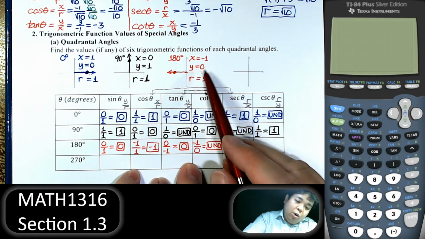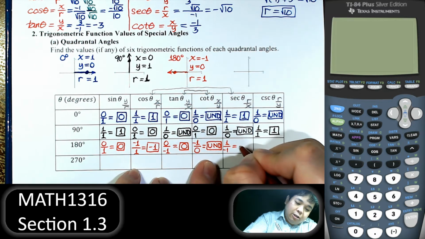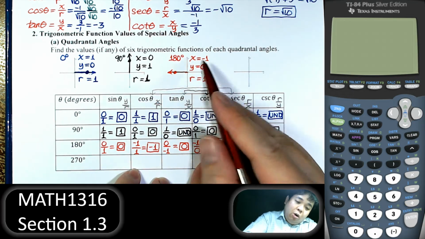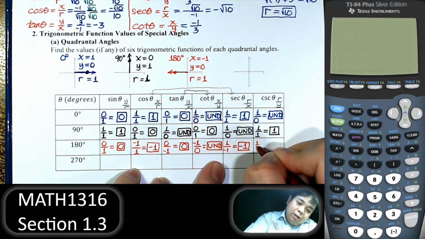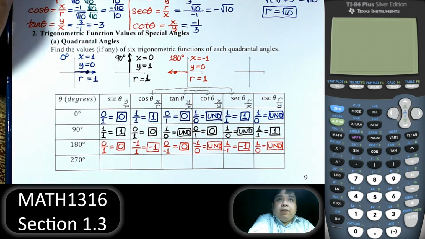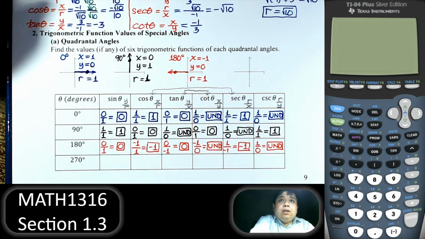R over x. R over y is undefined. So just straight from the definition.